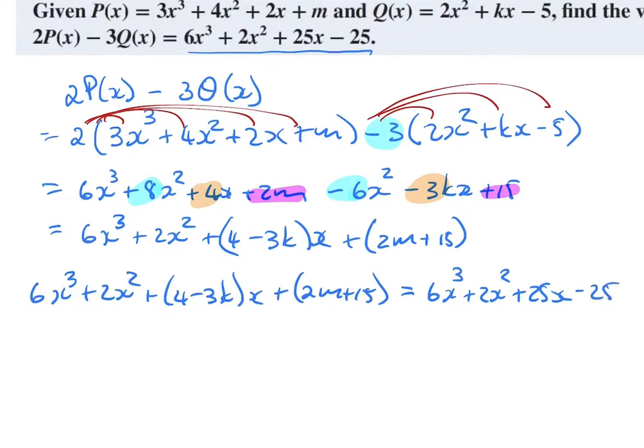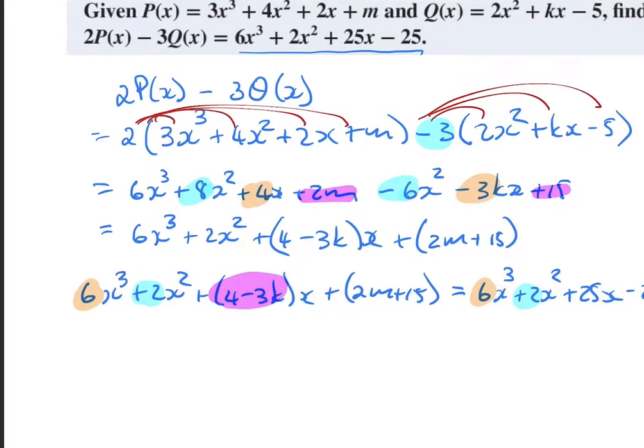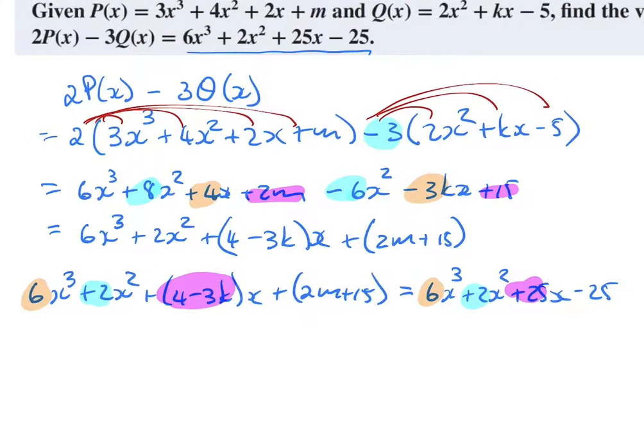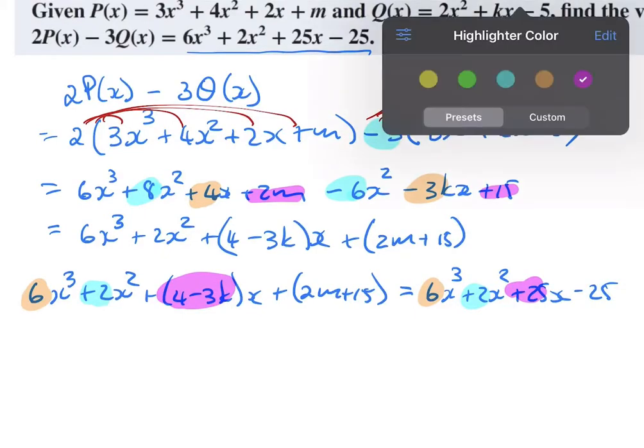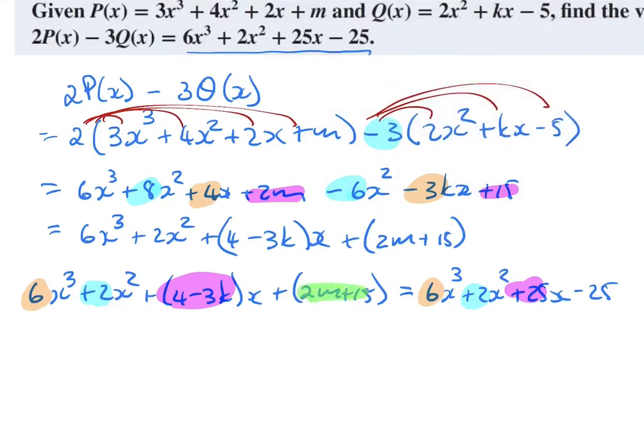Now what I can see from here is the following. I can see that 6x cubed equals 6x cubed. I can see that plus 2x squared equals plus 2x squared. Furthermore, I can see that 4 minus 3k must equal 25, because those are the coefficients of x. And in my last one, to make it green, my constant values must be equal.